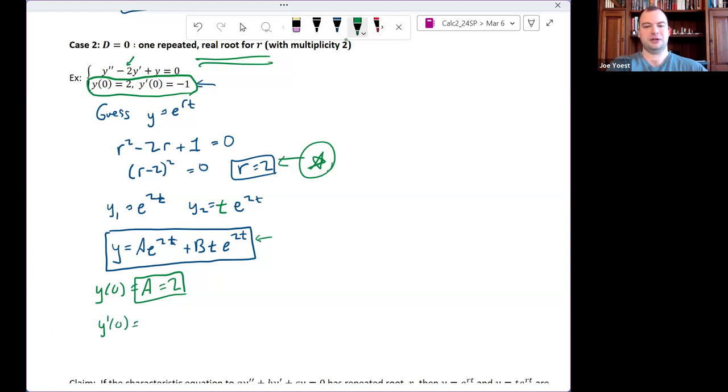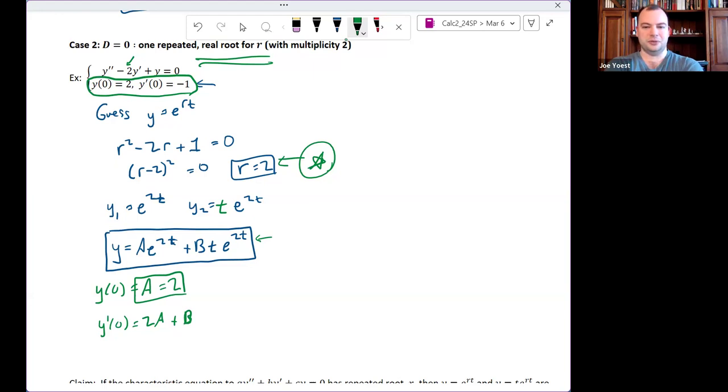What's y prime of 0? On one hand, it's got to be 2a. And then what do I get here? If I differentiate the t, I get b e^(2t), so that's plus b. And then if I keep the t but differentiate the other stuff, if I plug in 0, that whole term just goes away, right?